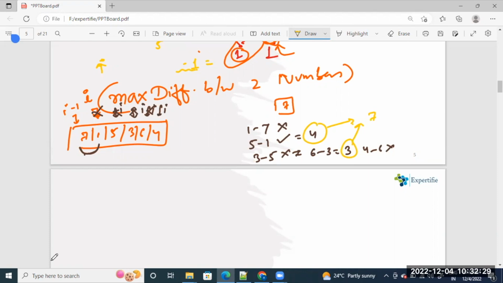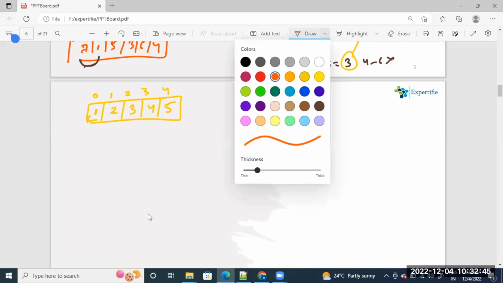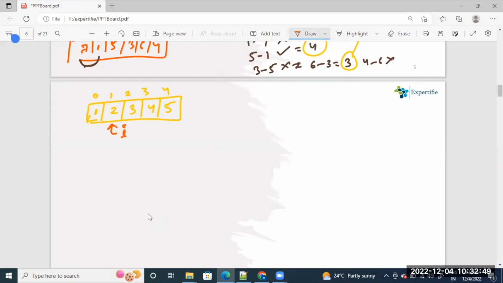Now let's take one more example: 1, 2, 3, 4, 5. Again, we start with the first pair. Are we making any profit? Yes.